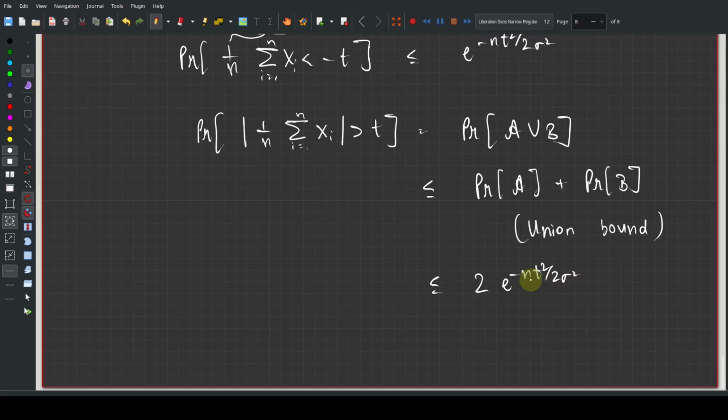Correct? Just by the Chernoff. So in general, as long as I have a symmetric distribution, if I have a bound on the right tail, I can also get a similar bound on the left tail. That's easy to obtain.